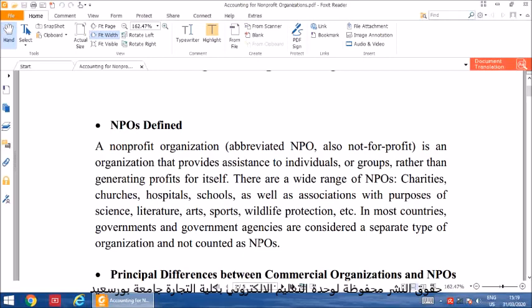Governmental units, we apply governmental accounting. On the other hand, non-profit organization, we apply an accounting system related to non-profit organizations, as we mention later.